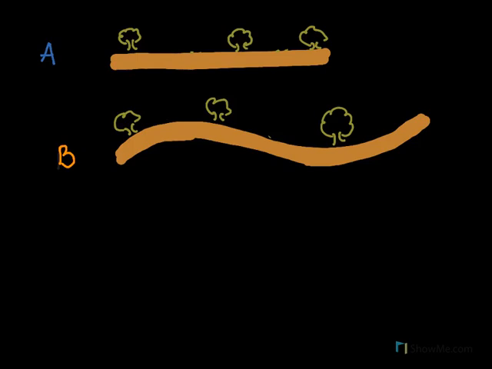To understand the difference between speed and velocity, let us take these two examples. Here I have an object A. It moves along a straight line with a constant speed of, say, 10 meters per second. So here the speed is 10 meters per second, and the direction also is the same.